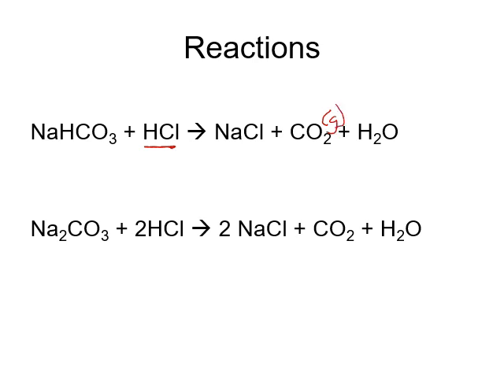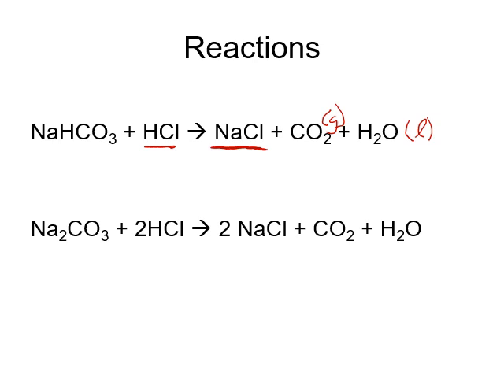This is also going to be how we identify when we've reached the end point, when our reactants have completely reacted. We're going to also produce water, which is a liquid, and so in this experiment we're going to have to heat up our products in order to remove the liquid water so we can identify how much sodium chloride is produced in our chemical reaction.